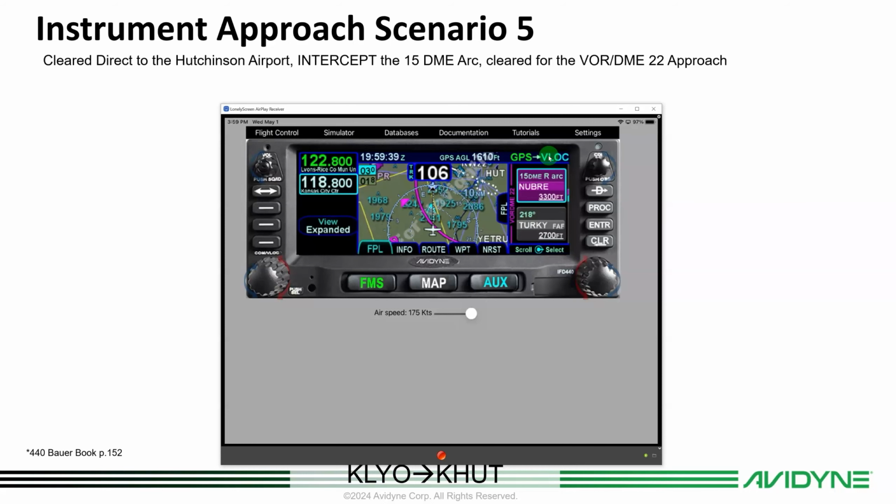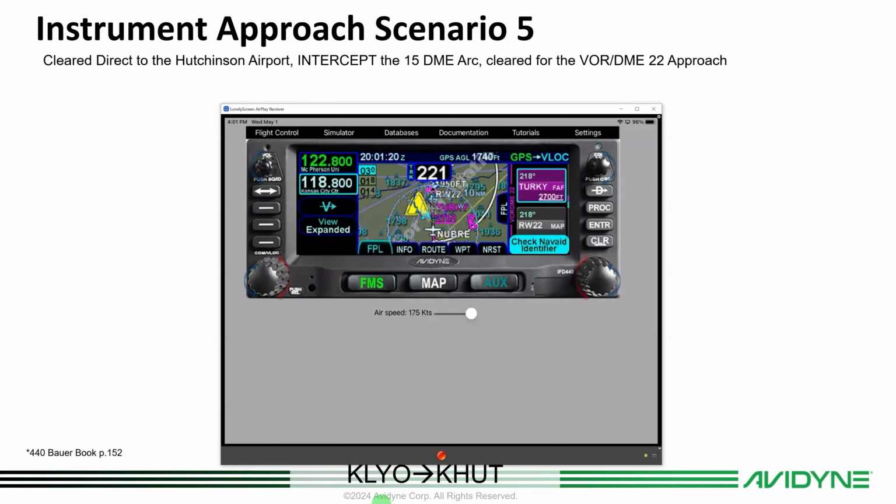We'll fly the arc around the corner, intercept Newbrae, and then fly inbound to runway 22. Speed it up. Now we're going to turn inbound, and off we go.